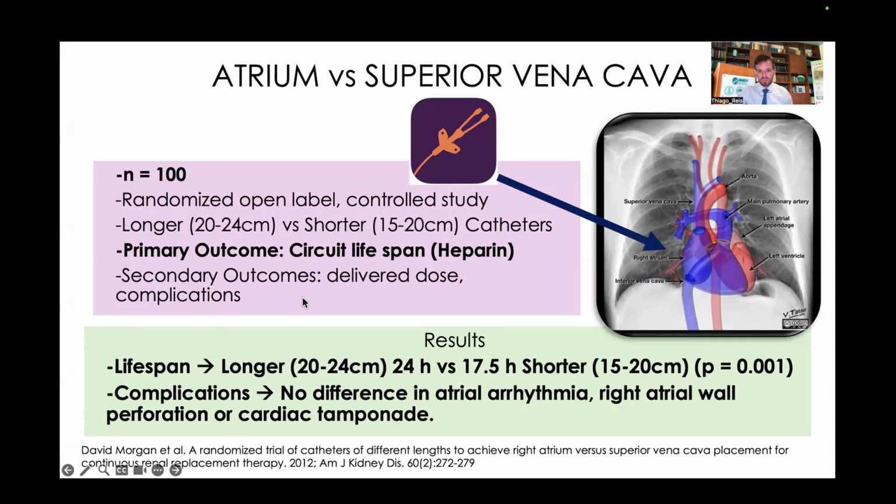In this trial, patients were randomized either to receive catheters of 20 to 24 centimeters to be placed inside the atrium or shorter catheters from 15 to 20 centimeters, placed in the transition from the vein to the right atrium. The results demonstrated that the longer catheters were associated with a longer functional lifespan in dialysis, 24 versus 17 hours, and there were no more complications placing catheters in the atrium.